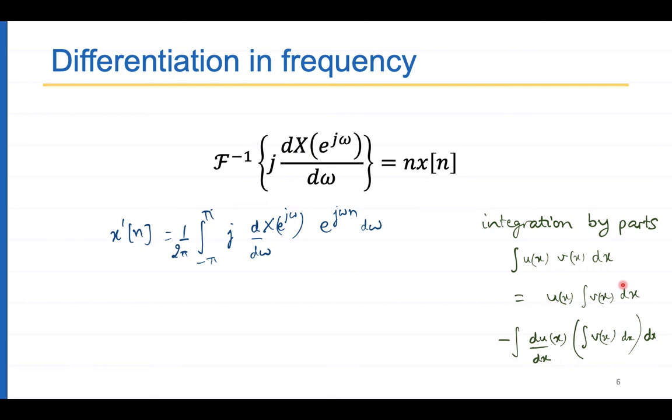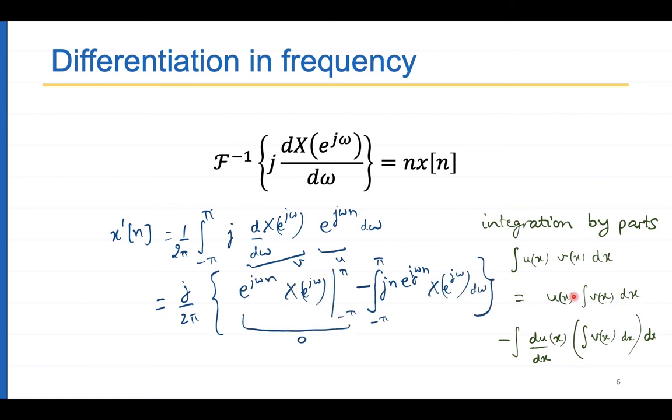So I have to select my u and v. Very simple. Let us take my u as e to the power j omega n and my v as the derivative term, because I am integrating over v here. So let us substitute the integration by parts formulation.